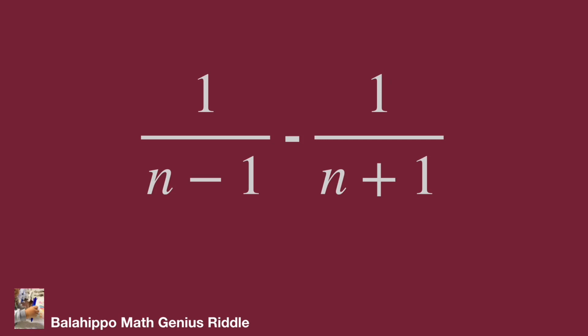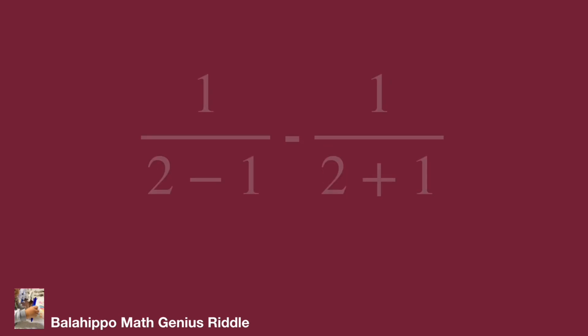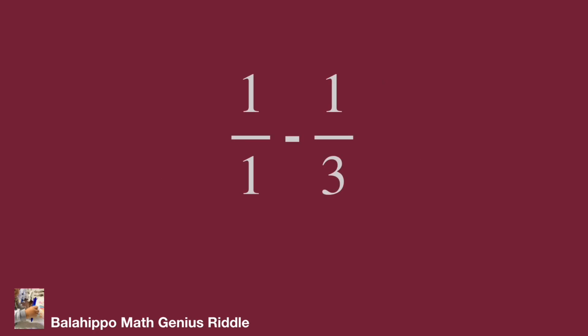After that, back to the fraction 2 over quantity 2 plus 1 multiplied by quantity 2 minus 1. It becomes 1 over 2 minus 1 minus 1 over 2 plus 1, equal to 1 over 1 minus 1 over 3. At this moment, we generate two new rules for each fraction.